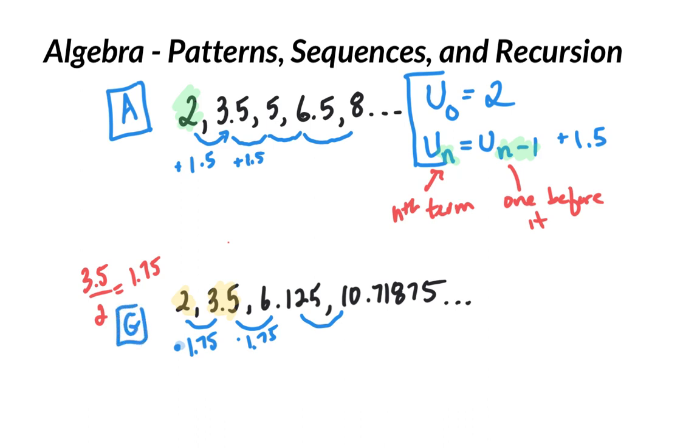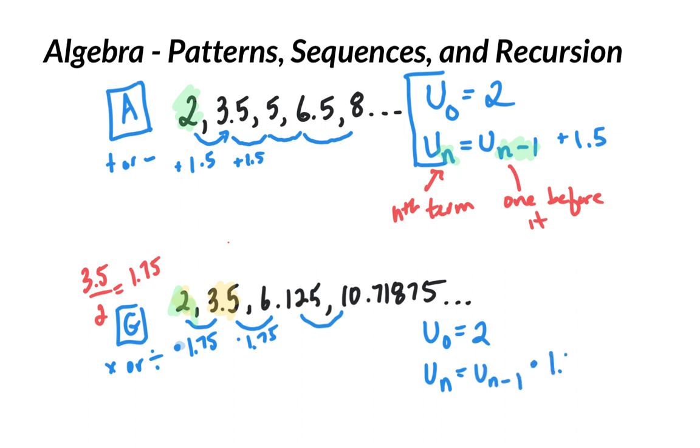Let me just make a note. Arithmetic is add or subtract. Geometric is multiply or divide. And now we're going to write our recursive equation. Again, we say, well, where did it start? This started at 2. Again, just come back over here and say, what was the first number? It was 2. Our second piece, we say, well, what was the pattern here?